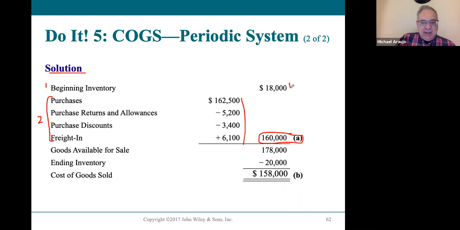Beginning inventory plus your purchases is your total goods available for sale. That's the 178, these two numbers added together. You subtract out ending inventory, which they give you. And then your cost of goods sold is the other answer they're looking for, $158,000.